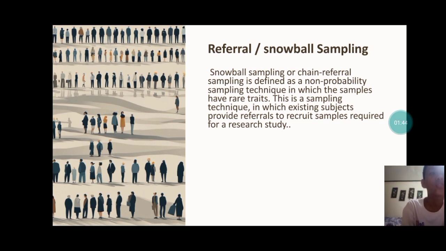Kaning referral or snowball sampling gitawag sa non-probability sampling technique kung diin ang mga sample may katangian nga talagsaon sa pagdaghan sa research. Mao na ang referral snowball sampling, ma'am.